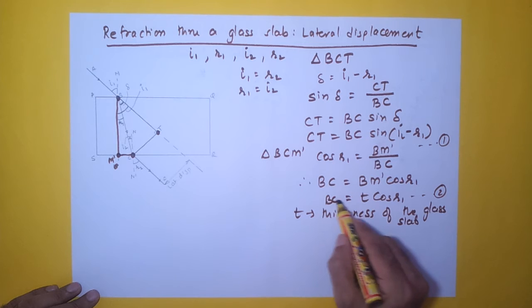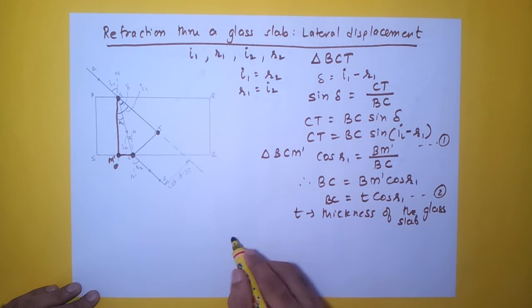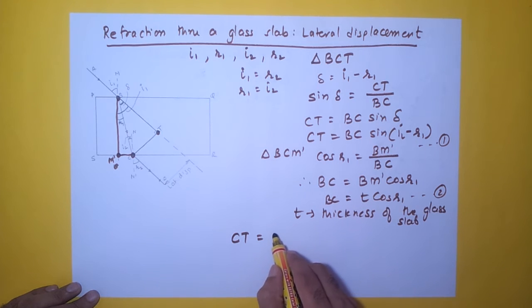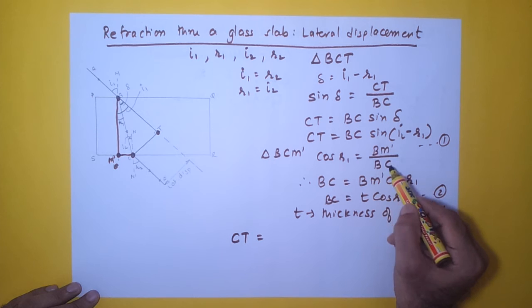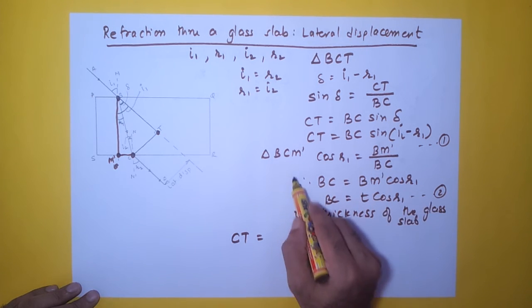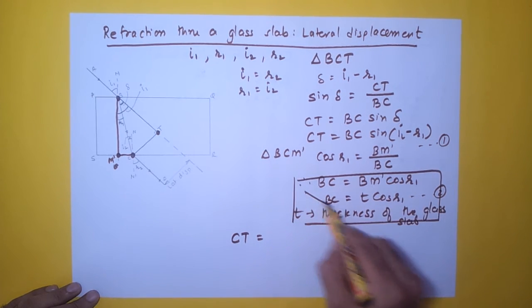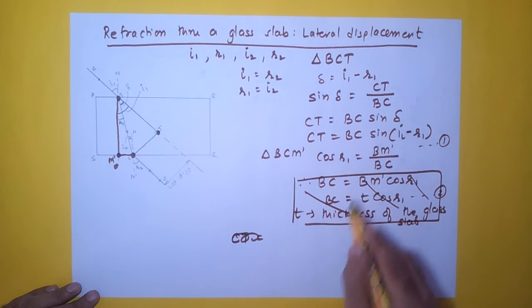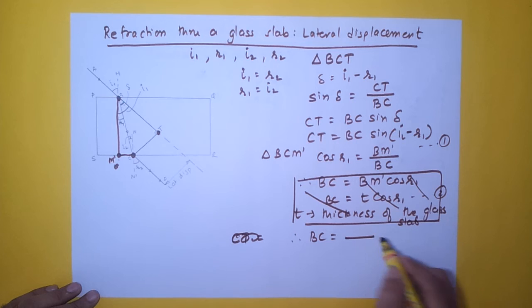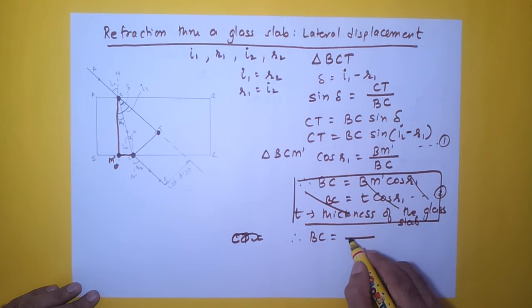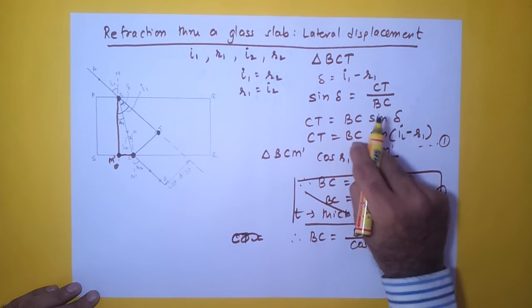Now putting the value of BC from here into this equation. I think I've made an error over here. Let me take this part out. Not an error, but I think I should have arranged it slightly differently. BC is equal to BM' upon cos R1, because I want to substitute BC over here.